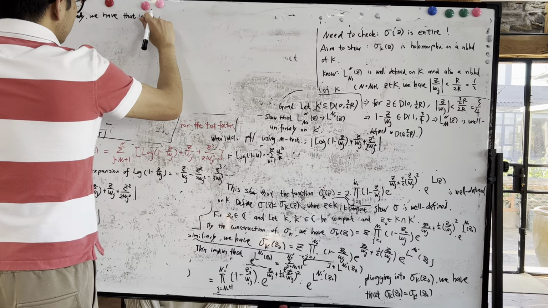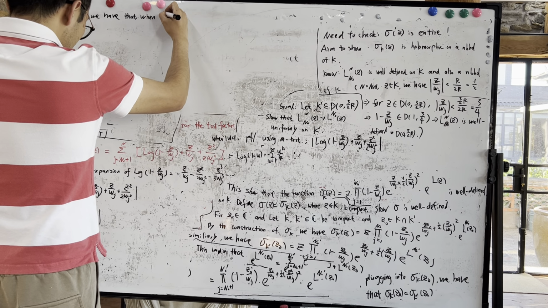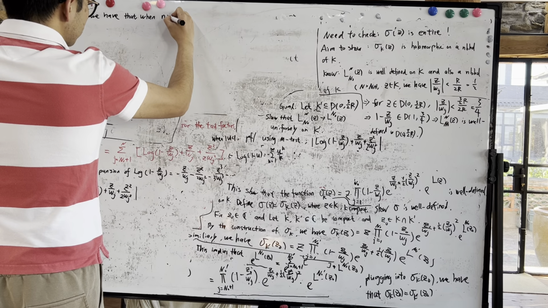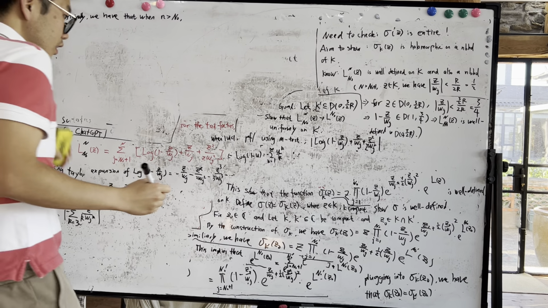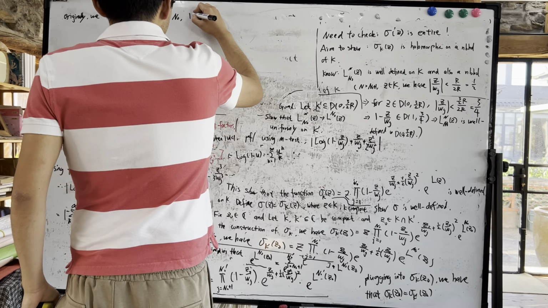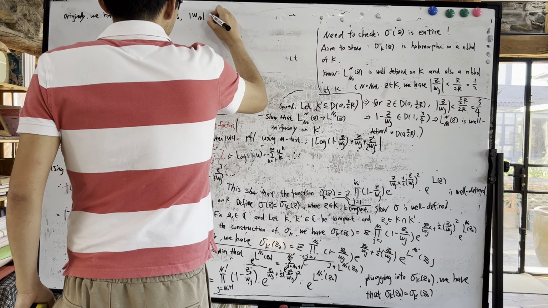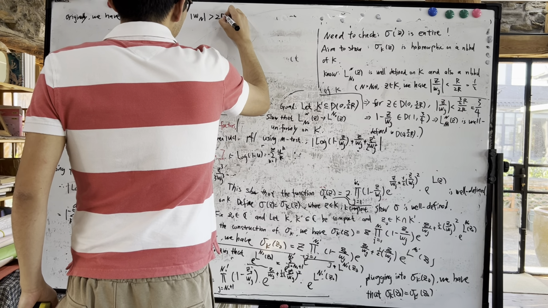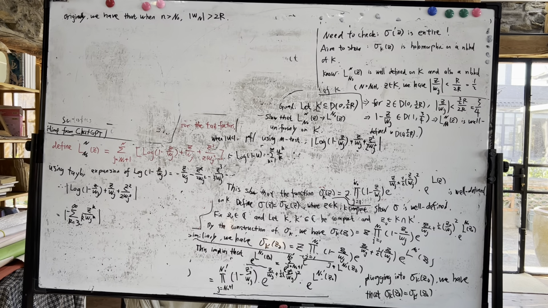So when n is bigger than n naught, the modulus of omega n is bigger than 2r, right? This is what we have in the past.